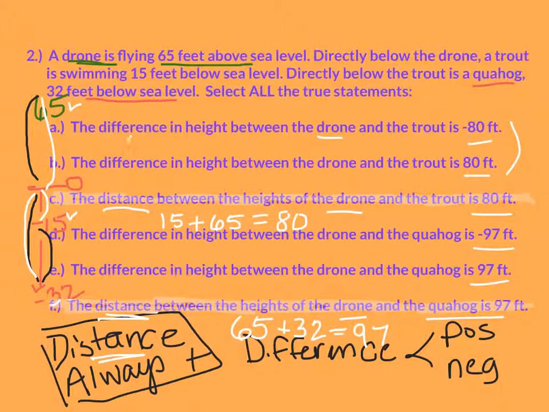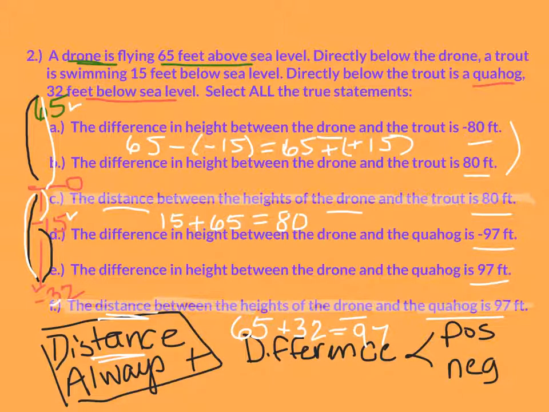So I'm going to write the drone. If I'm finding the difference, I always subtract. And the trout is at negative 15. So of course I would say stay, change, change. So that's going to equal 65 plus 15. So therefore my answer is going to be just like it was in letter C. It is going to be positive. So the one that I want to choose is the second one.